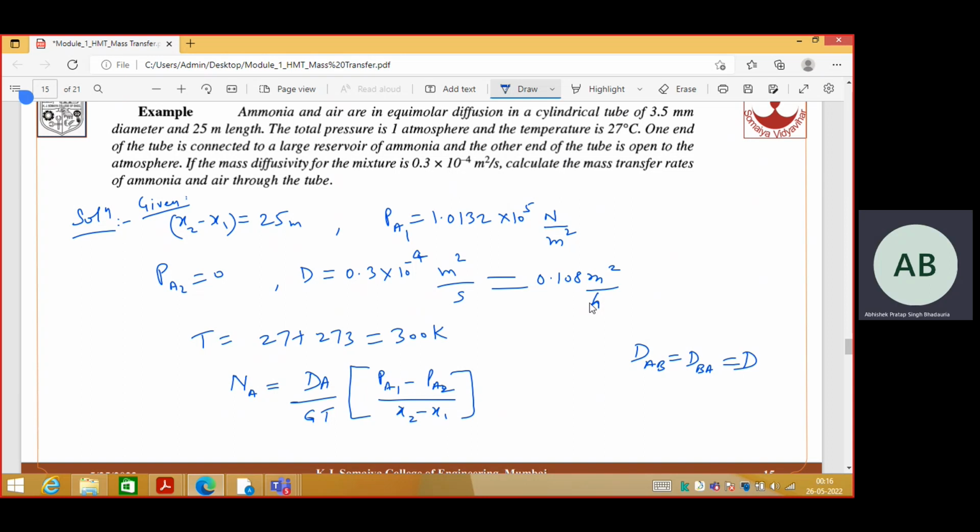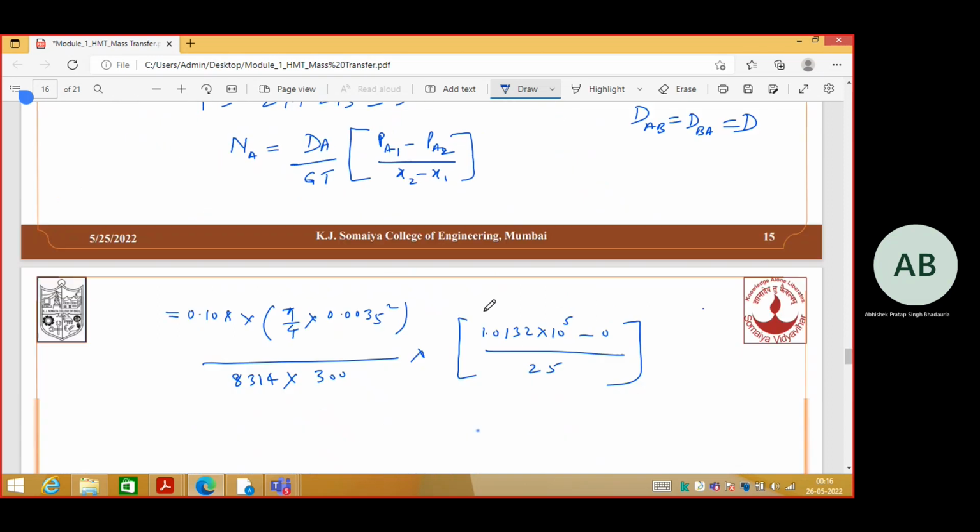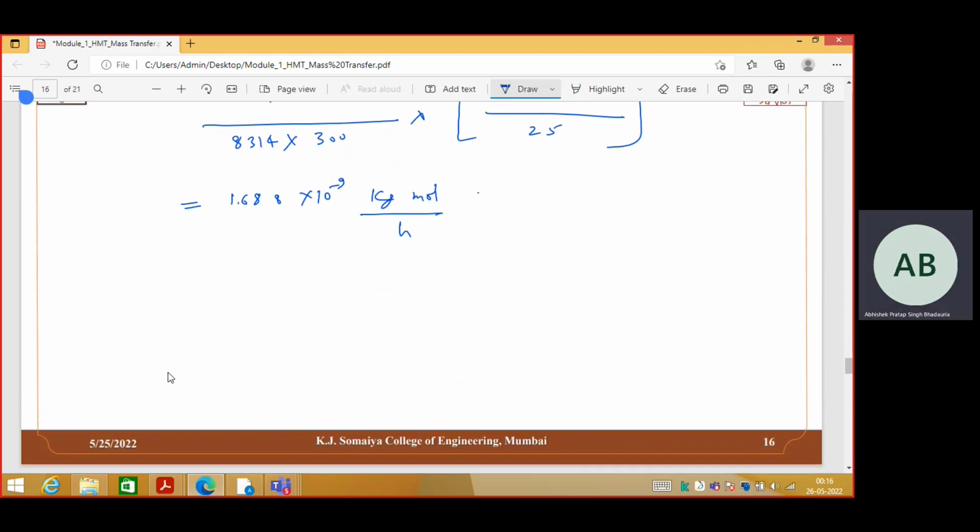Now, the molecular weight of ammonia and air we know. The molecular weight of ammonia is 17, and air is 29.